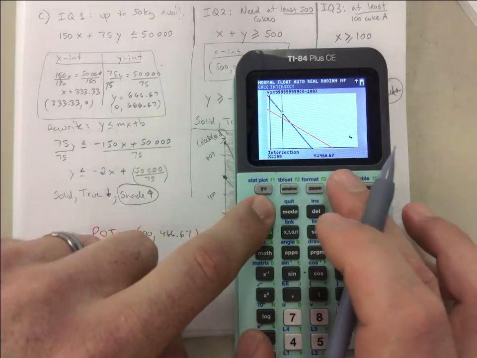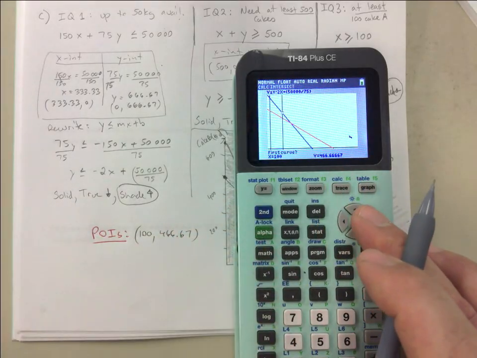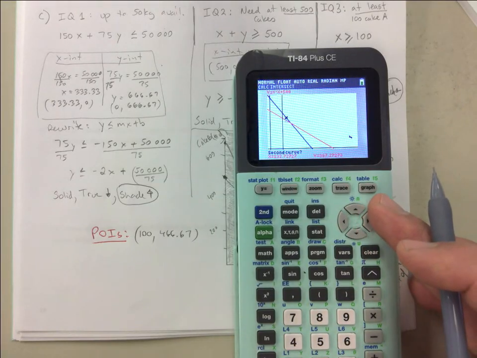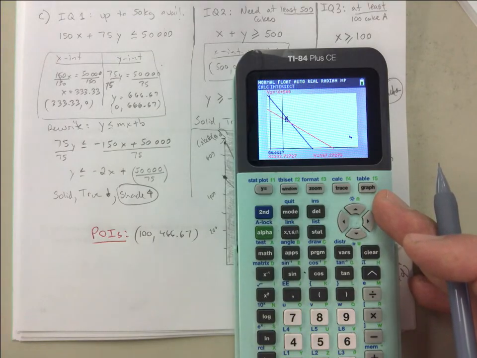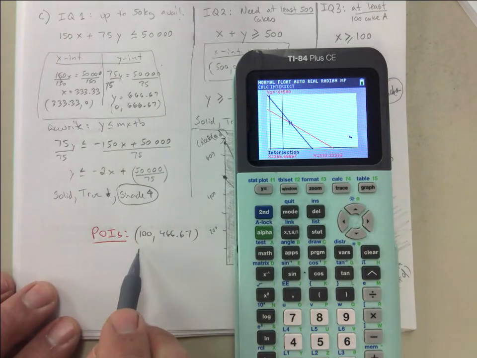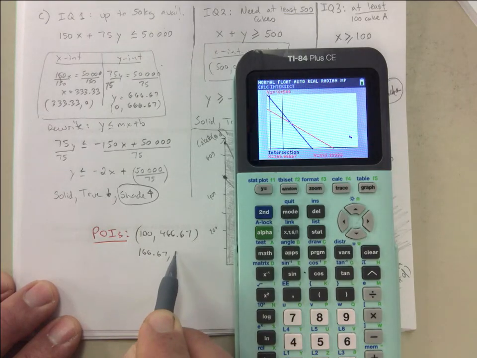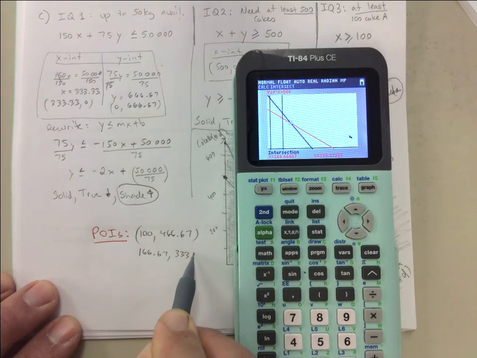Okay, second trace 5. I want to go between the blue and the red, so I'm going to go blue, and then it jumps to red, and then hit equals. You can't see that really, but it's 166.67, 333.33.